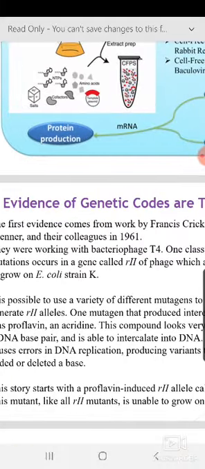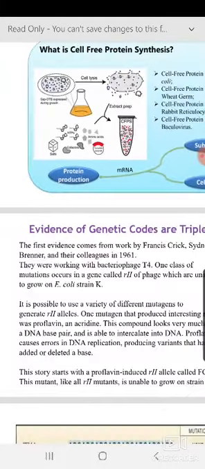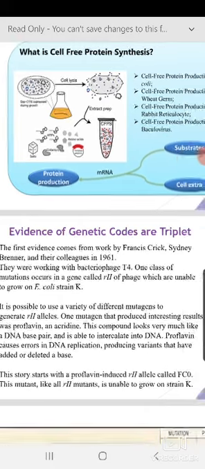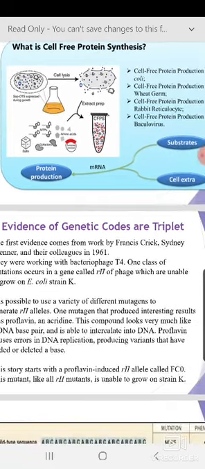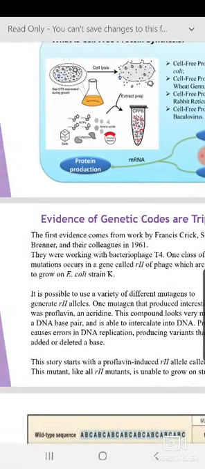They were working with bacteriophage T4 and generating different types of mutants of that phage, particularly in one gene region named the R2 segment. This phage has a typical property: if there is a mutation there, it is unable to grow on E. coli strain K, which they knew at that time.